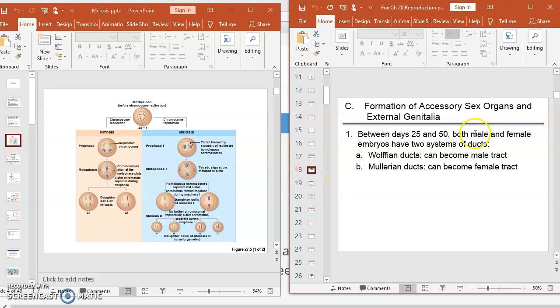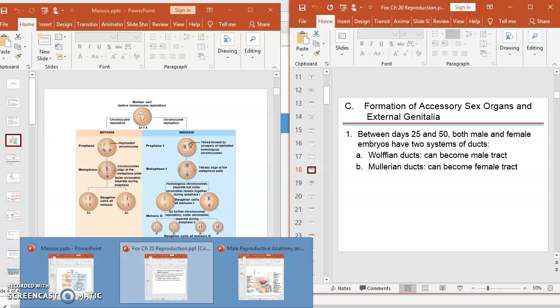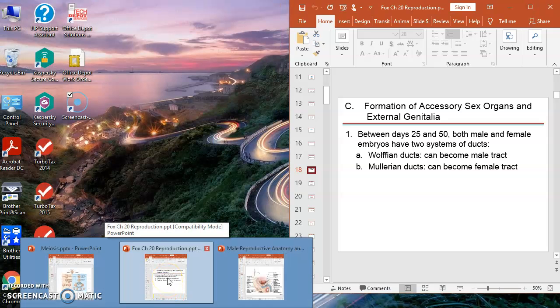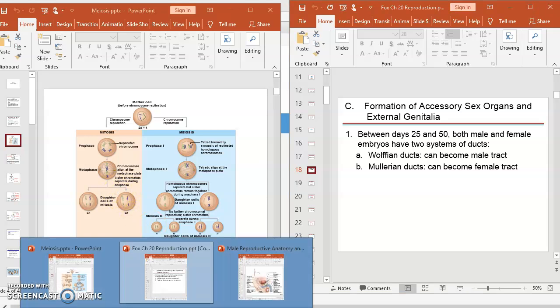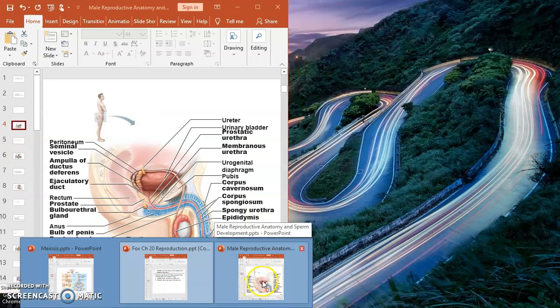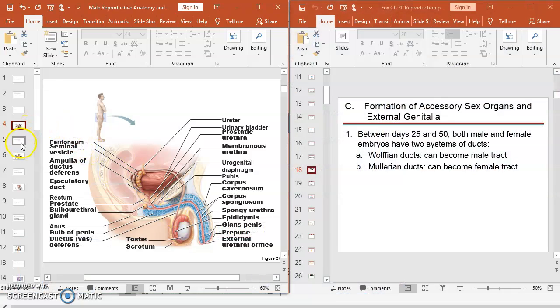Okay, between the 25 and 50 days, the male has two systems of ducts, the Wolffian ducts and the Müllerian ducts. All right.